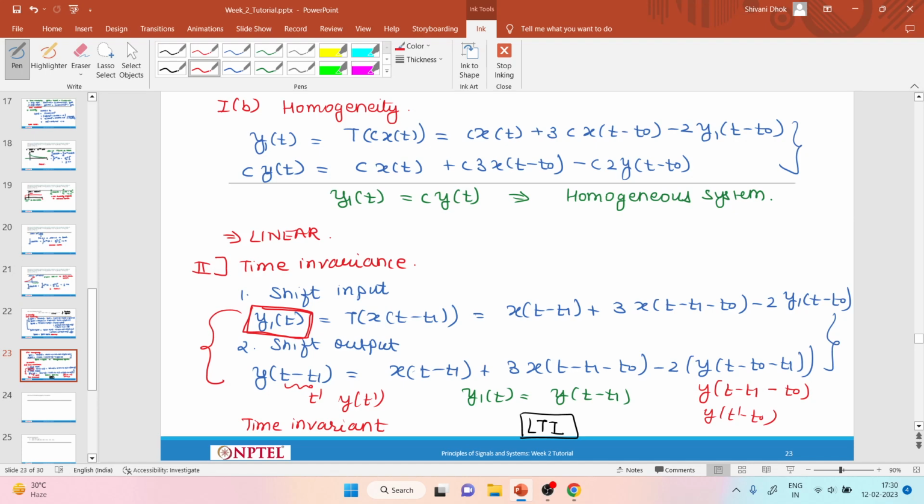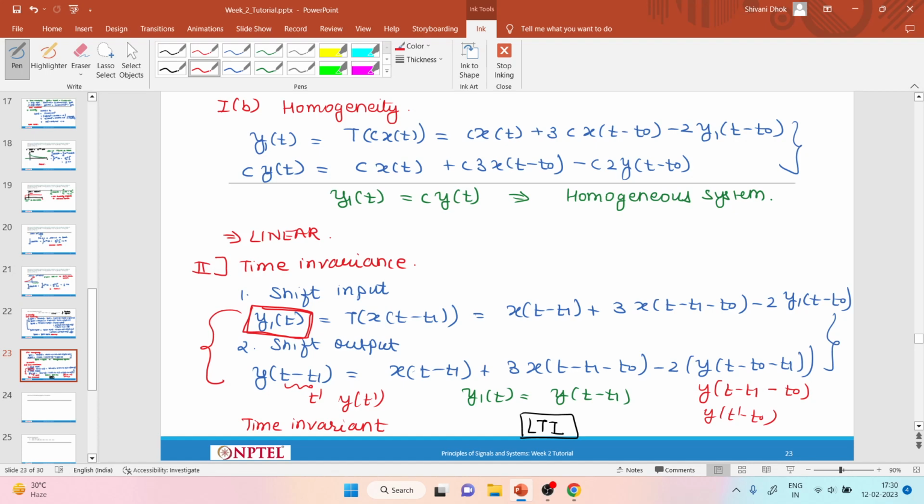Okay. In that case, the term should not be the same, but it should be shifted by the same amount only. Yes, I am just naming this as some variable for my convenience and then comparing these two equations. I don't know what is the output when I'm shifting the input.